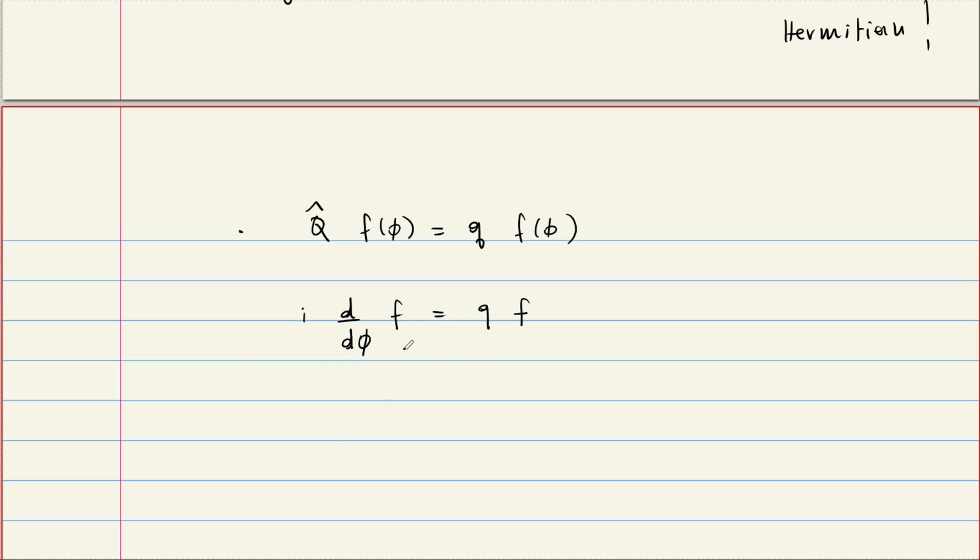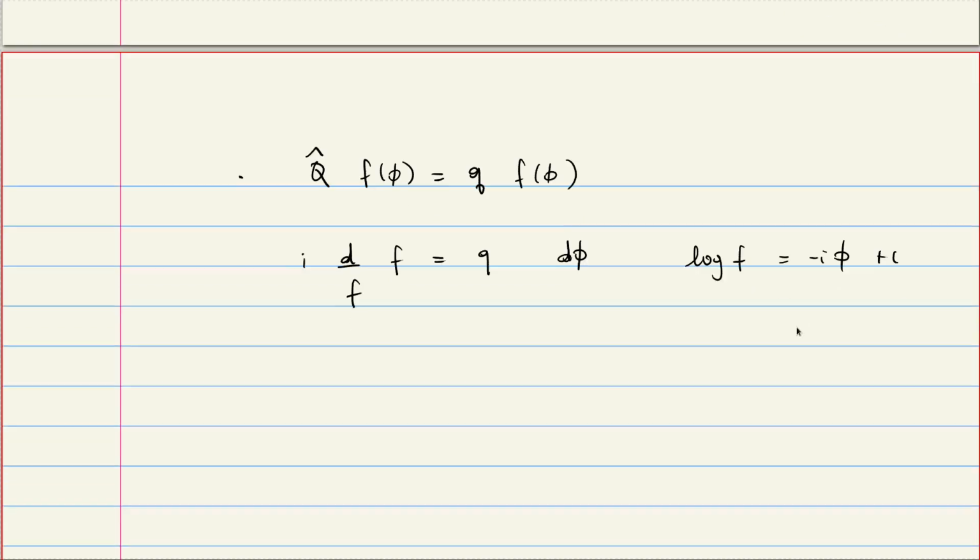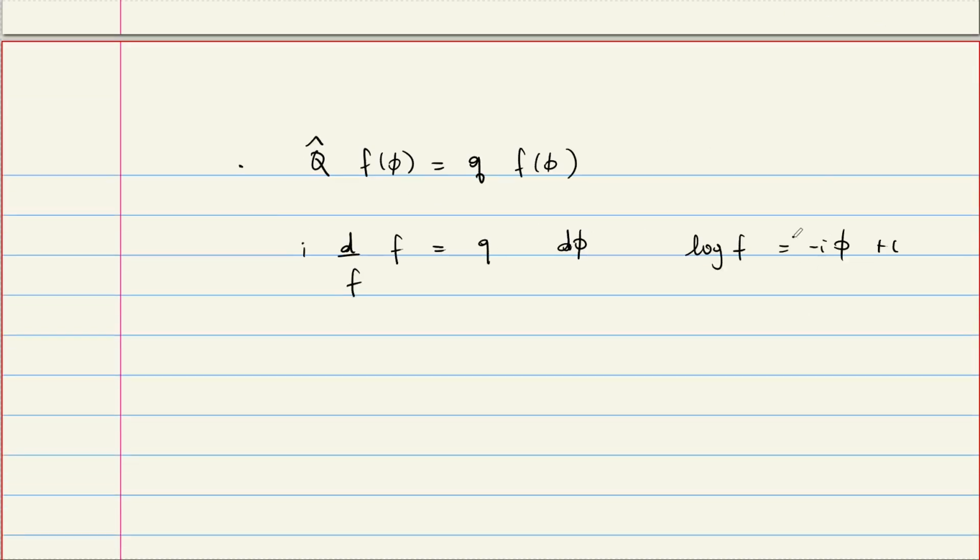You can take d phi to here and put f here. And this is a log, right? Log f is going to be minus i q phi plus a constant. From there we find f of phi is equal to some a times e to the minus i q phi.